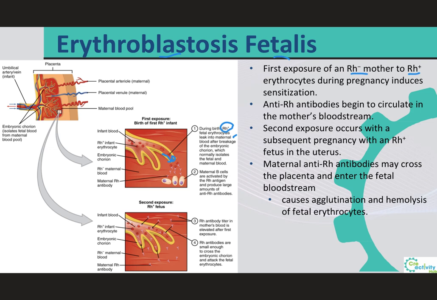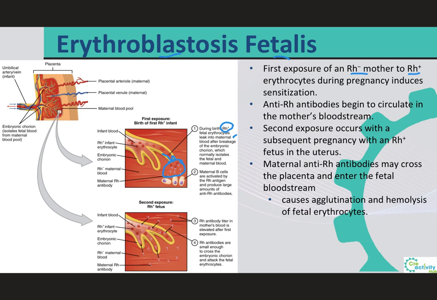This means that now the mother's blood contains Rh positive cells in her body, and because she is Rh negative, this will induce what we call sensitization. This means that now anti-Rh antibodies will begin to circulate in the mother's bloodstream, and for the mom, this is fine. Her antibodies will work hard to get rid of these invading antigens.